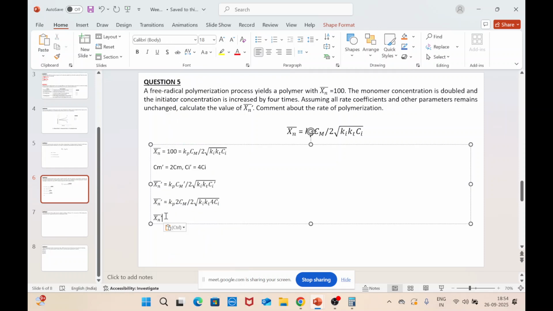Can we write it this way? The new number average degree of polymerization Xn dash is equal to 2 by root 4.